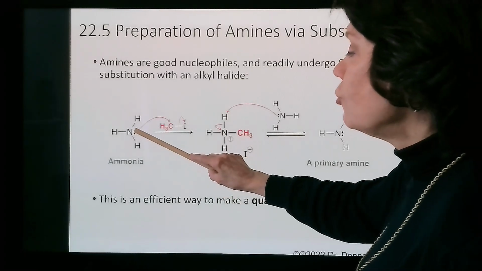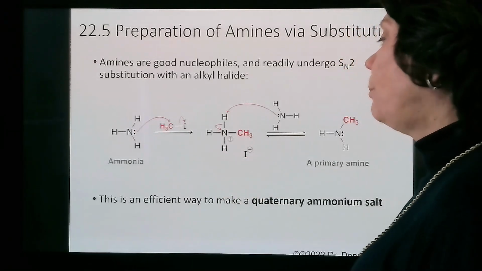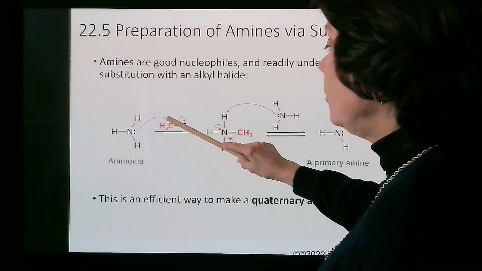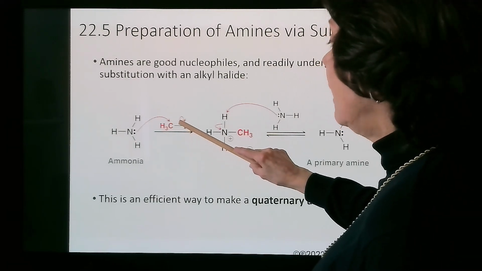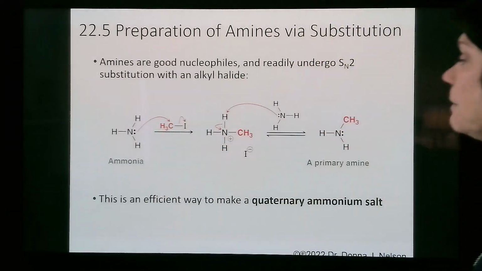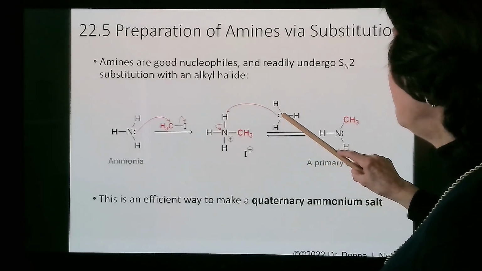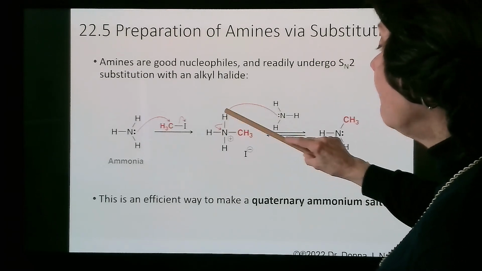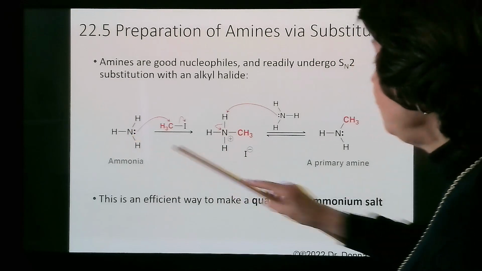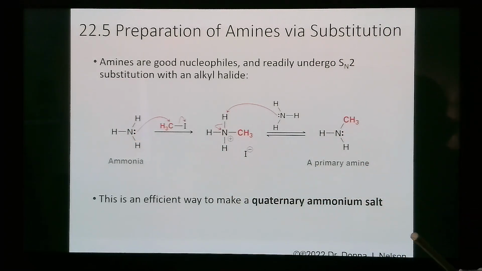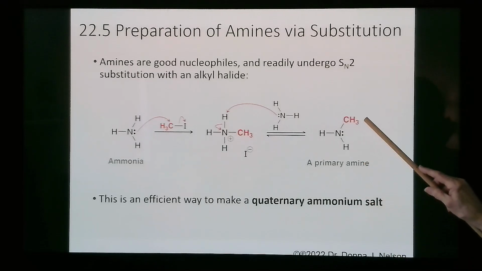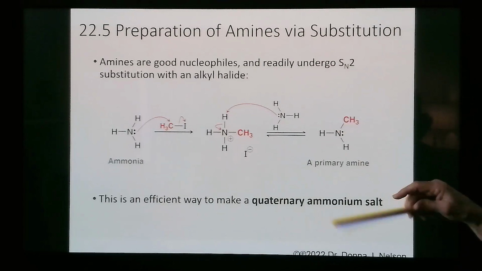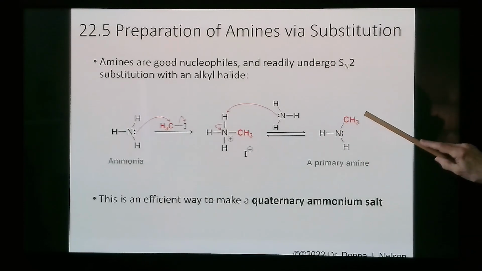So remember that the nitrogen lone pair is very basic, and so this will simply do an attack at carbon, an SN2 displacement of iodide, and then another molecule of ammonia or some other acid can pluck off this proton, and you have converted ammonia to methylamine.